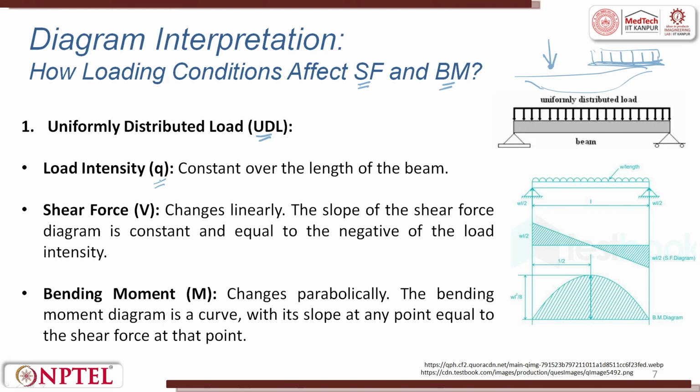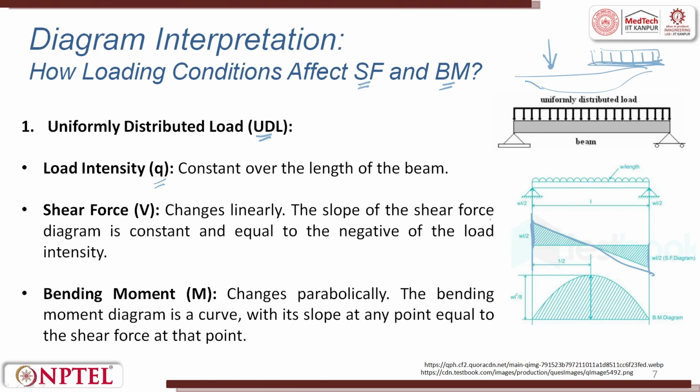The shear force V changes linearly. If you want to draw the shear force diagram, you can see here that at the supports you will have the maximum load, and then at the center it changes slope.